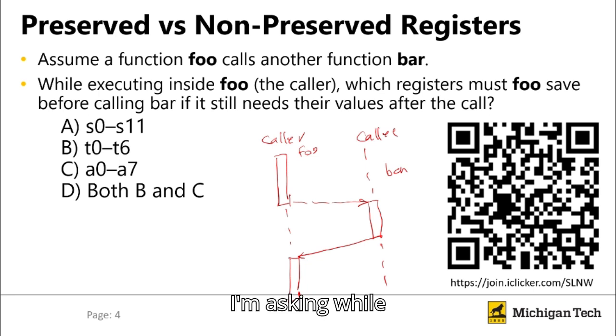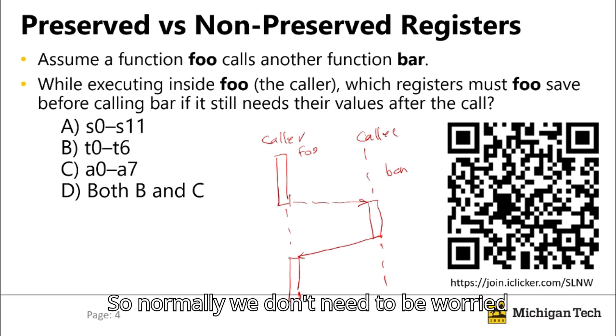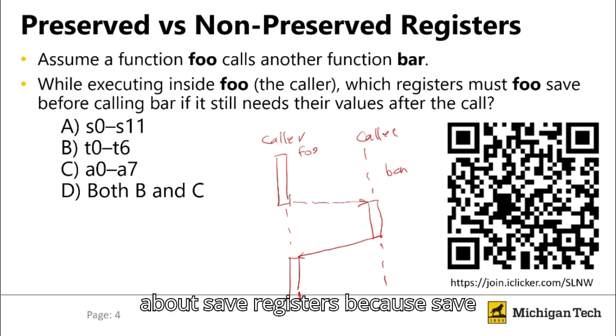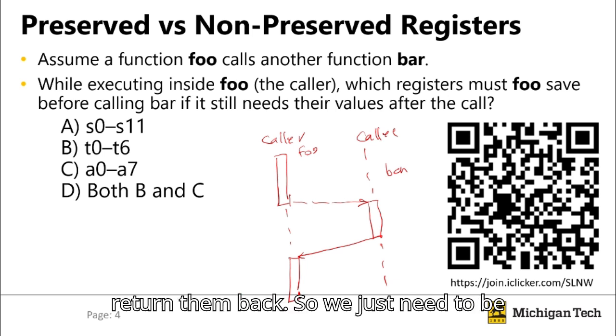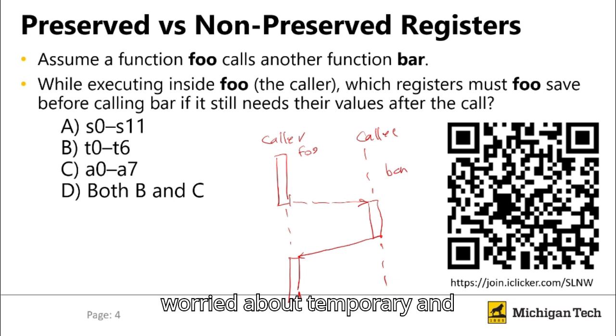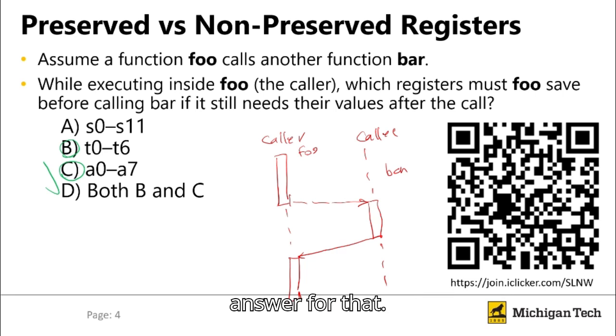I'm asking, while executing inside foo, which registers does foo need to be worried about before calling bar? Normally we don't need to be worried about saved registers, because if bar changes them, it needs to return them back. So we just need to be worried about temporary and argument registers. So D is the best answer for that.